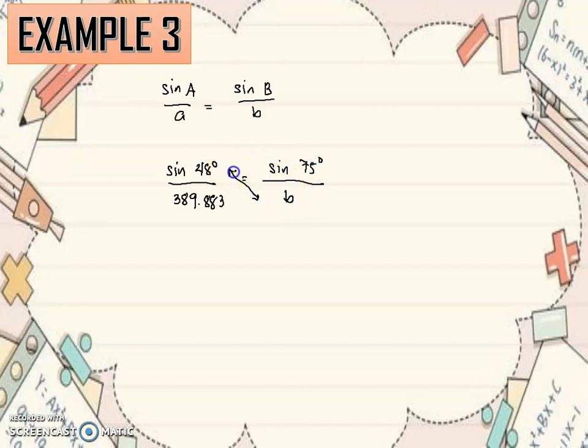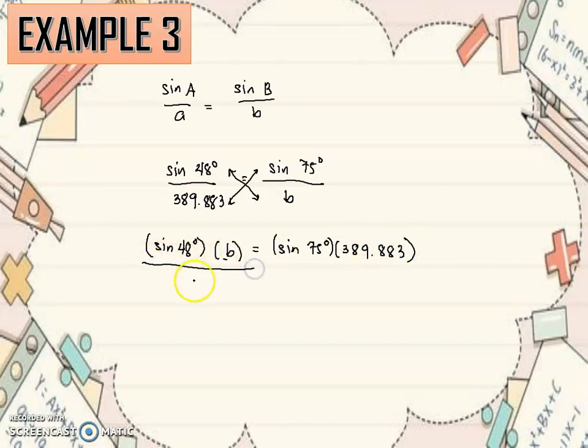You cross multiply, class. So it will become sine 48 degrees times B equals sine 75 degrees times 389.883 units. Then since we are looking for side B here, we will divide the whole equation with sine 48 degrees so that we can cancel sine 48 degrees on this side of the equation.